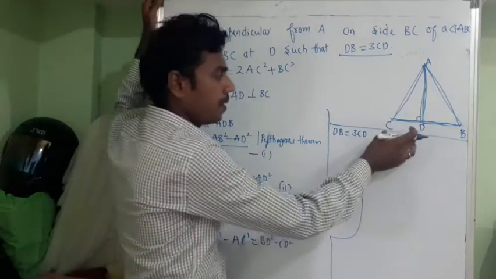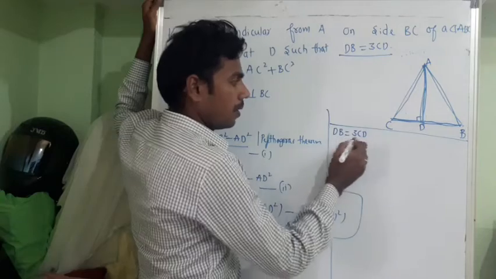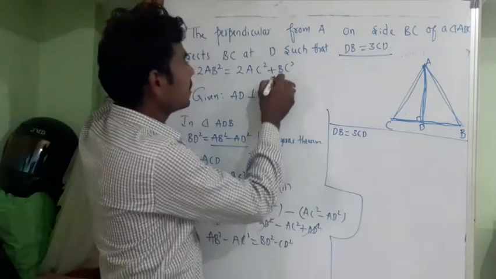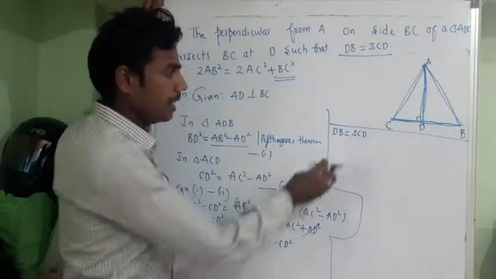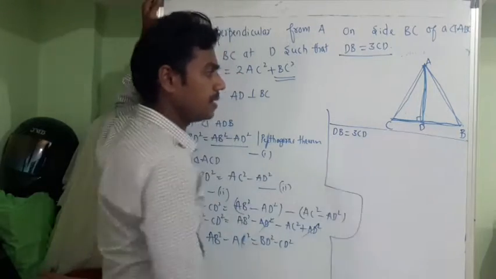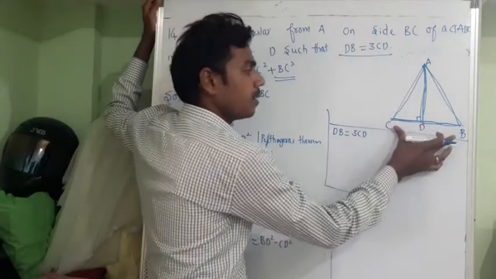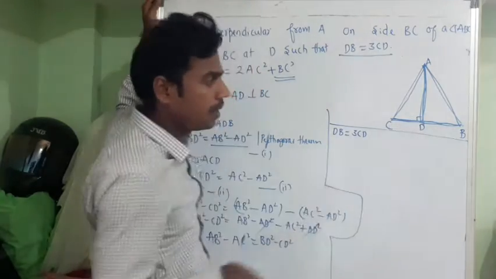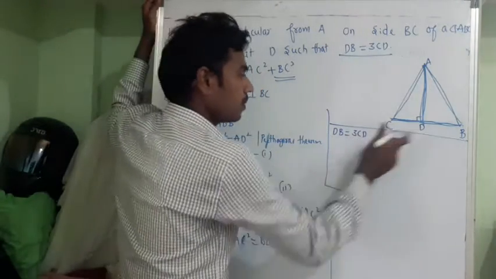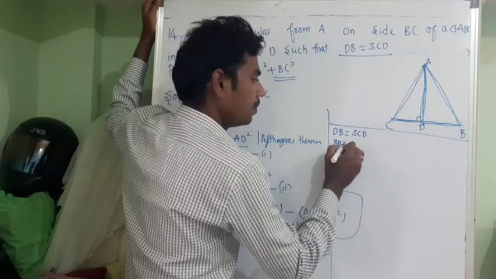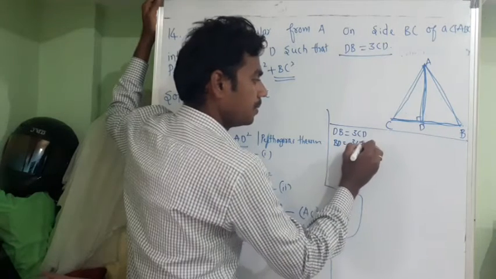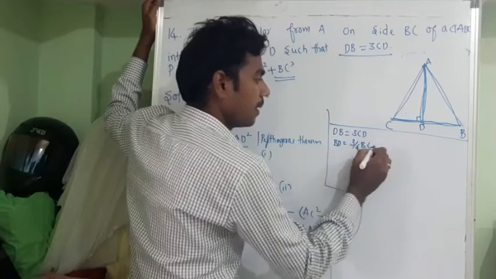So we need to express CD and BD in terms of BC. What can we write then? If I consider BC as one part, then BD will be 3 by 4 times BC.